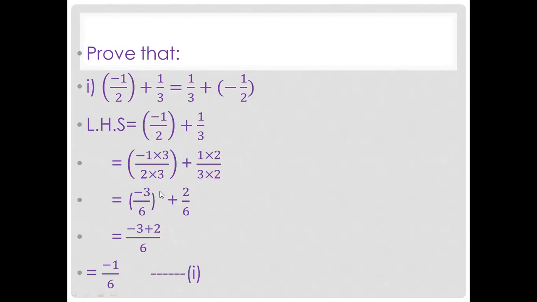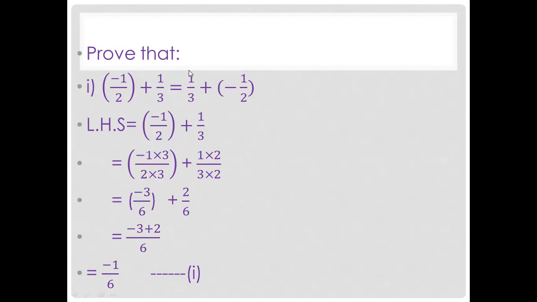Algebraic rule: when one number is negative and the other positive, we subtract them and put the sign of the greater number. When we have addition and the signs are different, we subtract them and put the sign of the greater number. If we have addition and the signs are the same, we add them and put the same sign which is present with both. So minus 1 over 6.